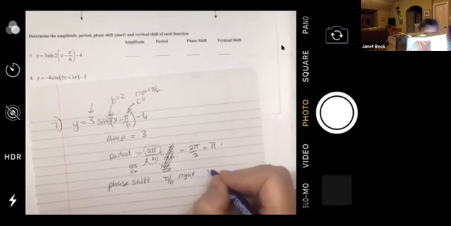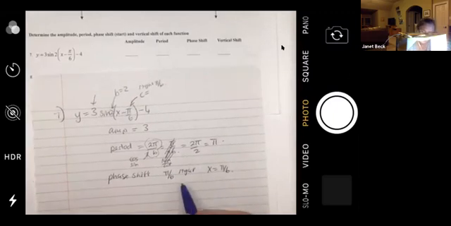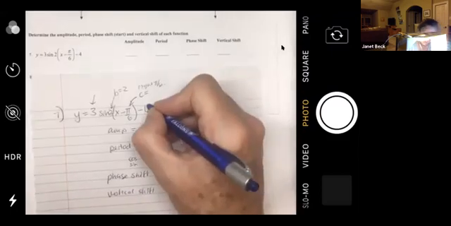You could just write x is positive pi by 6. And then your vertical shift, that's coming from this at the end, is going down 4. The midline would be at y is negative 4.